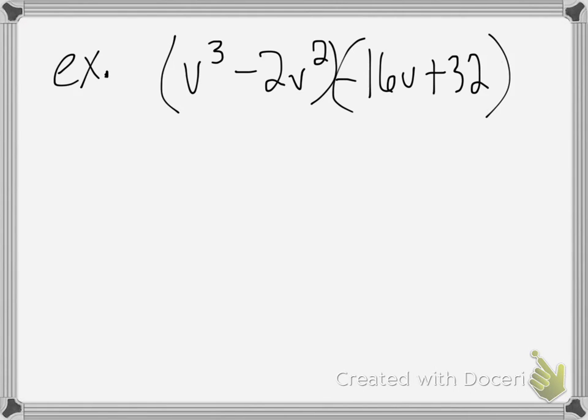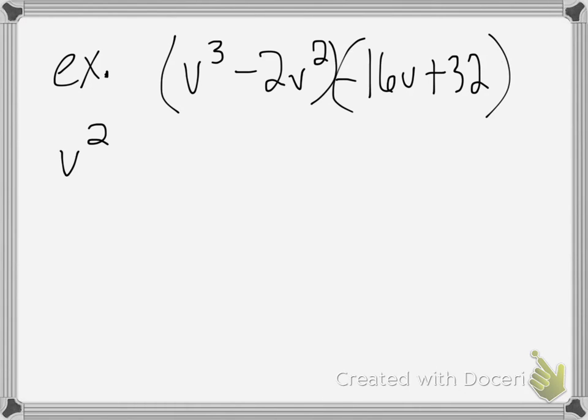And now I can pull a GCF out from each of those groups. So let's find a GCF for this first group. V cubed minus 2v squared. What would my GCF be here? V squared.